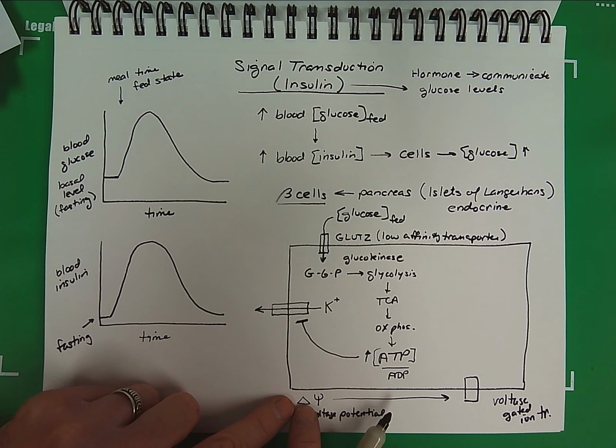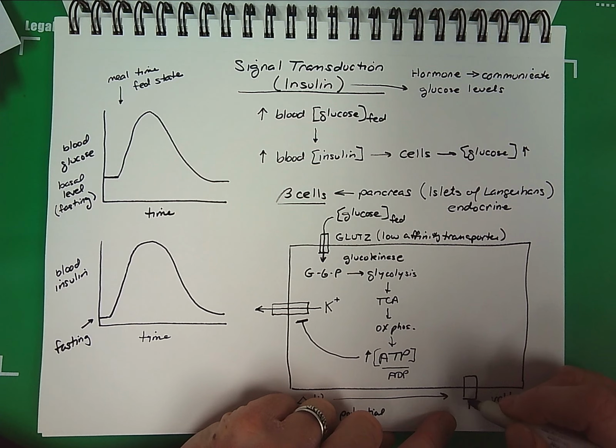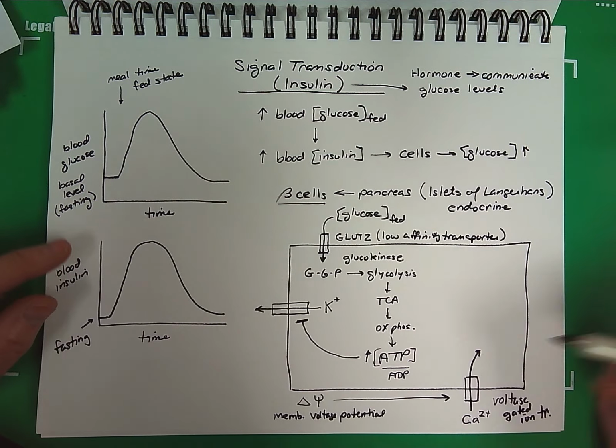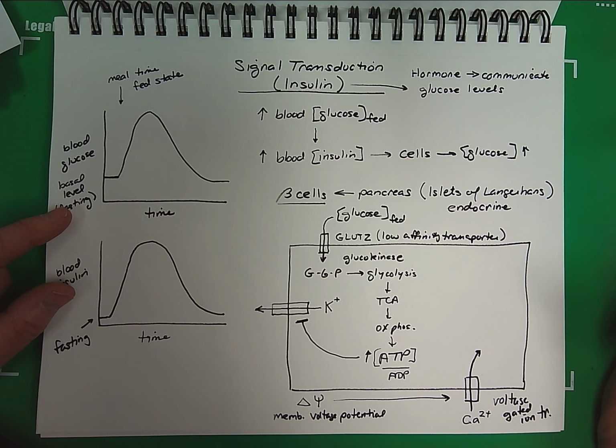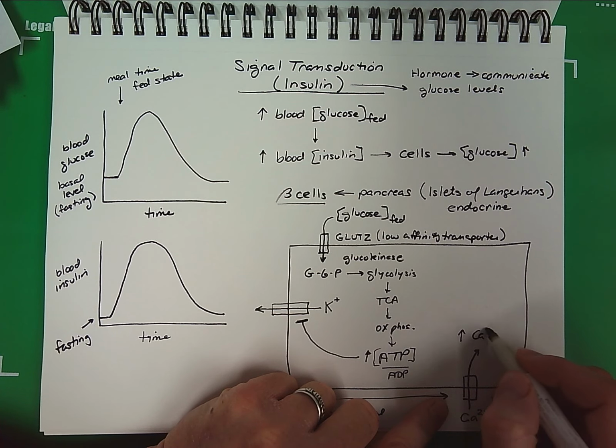So the change in voltage potential across the membrane induces a conformational change in this facilitated transporter. In doing so, it will allow calcium ions to flow inside the cell. That will increase the concentration of calcium ions inside the cytosol.